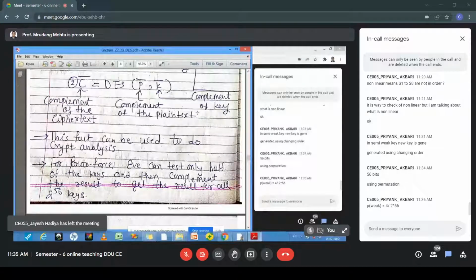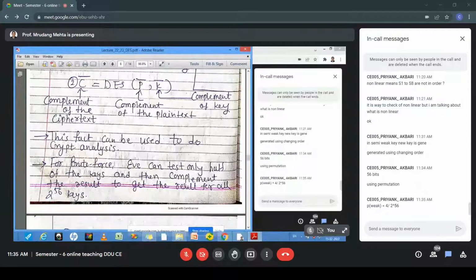This is the property which, if the cryptanalyst knows it, will be useful information to decipher. So this fact can be used to do the cryptanalysis.